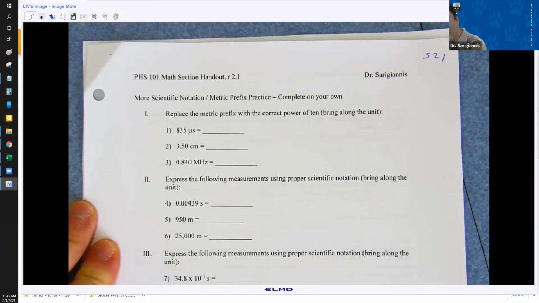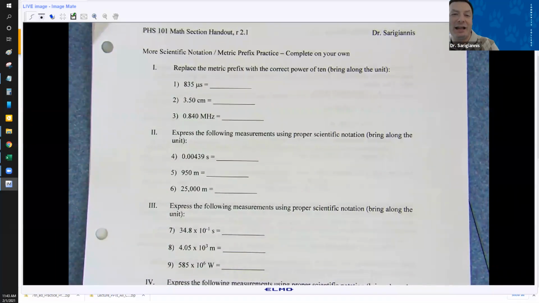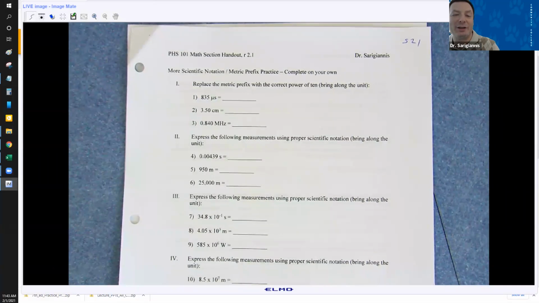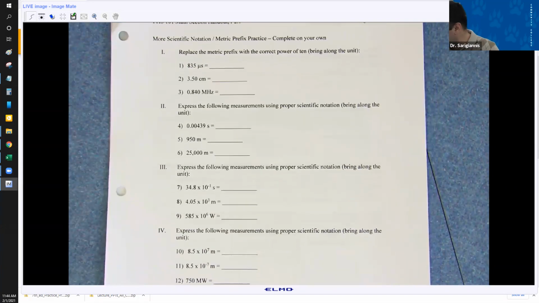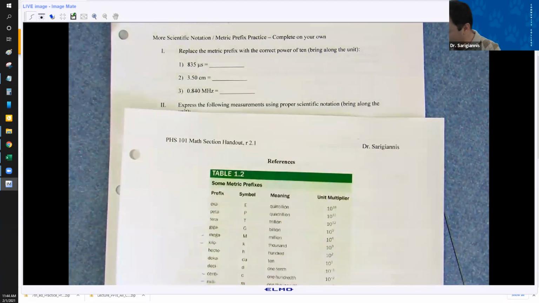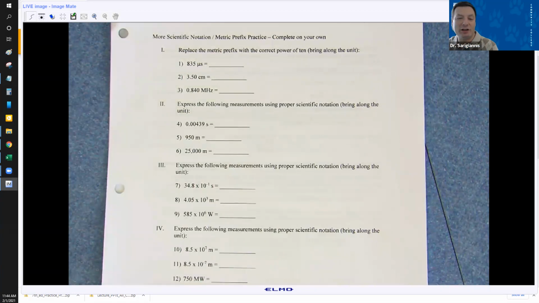Go ahead and do this on your own for practice. If you have questions, definitely make sure you ask me. But this is, again, just reading off of your table for the metric prefixes, and also the scientific notation, just following the rules of scientific notation.